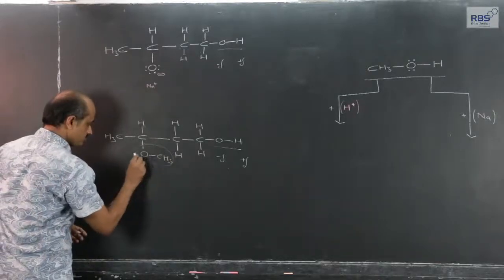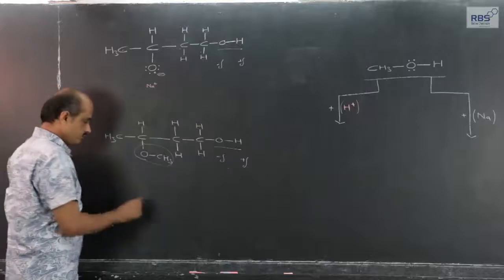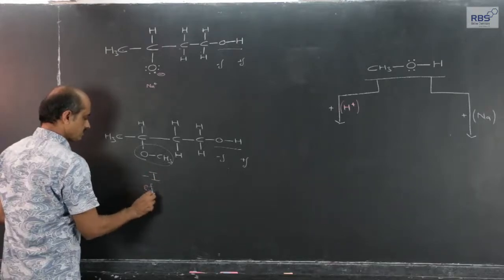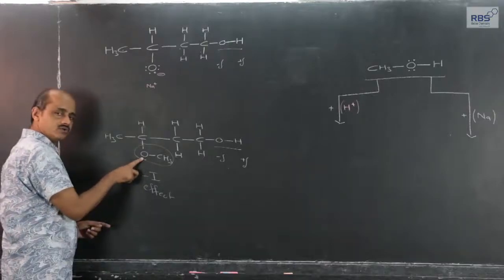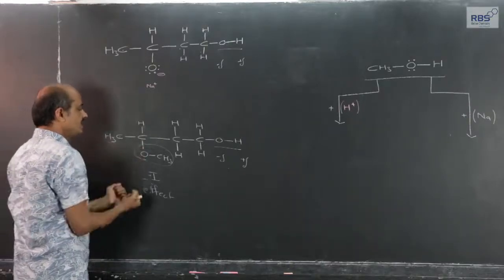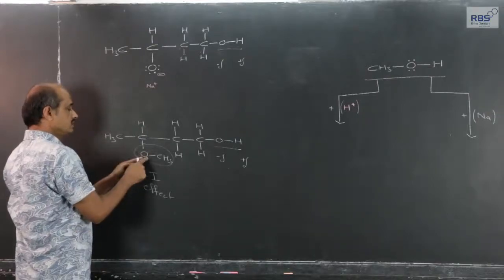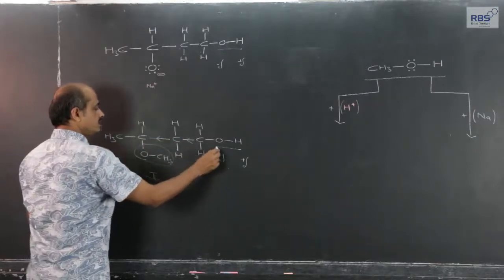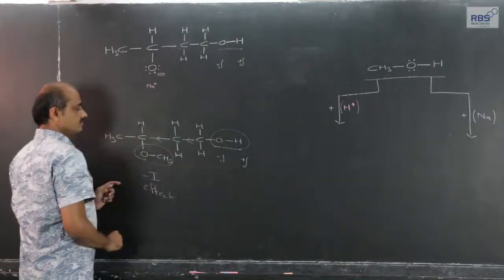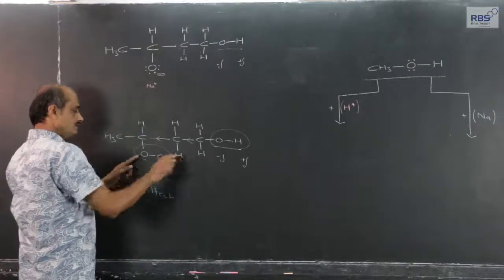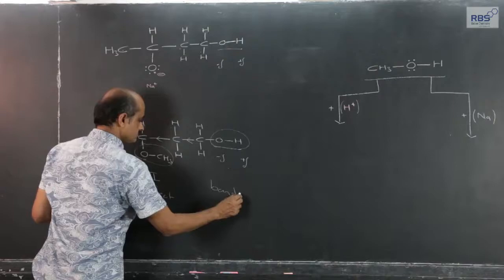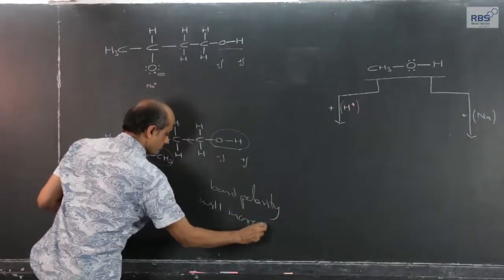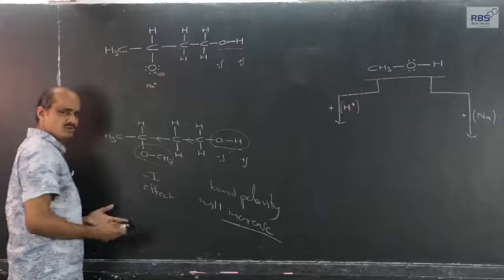Methoxy group, from the inductive effect point of view, shows negative inductive effect, minus I effect, because of this electronegative oxygen atom, and therefore it will pull the electron density, and in turn, because of this factor, the OH bond polarity will increase to a small extent.